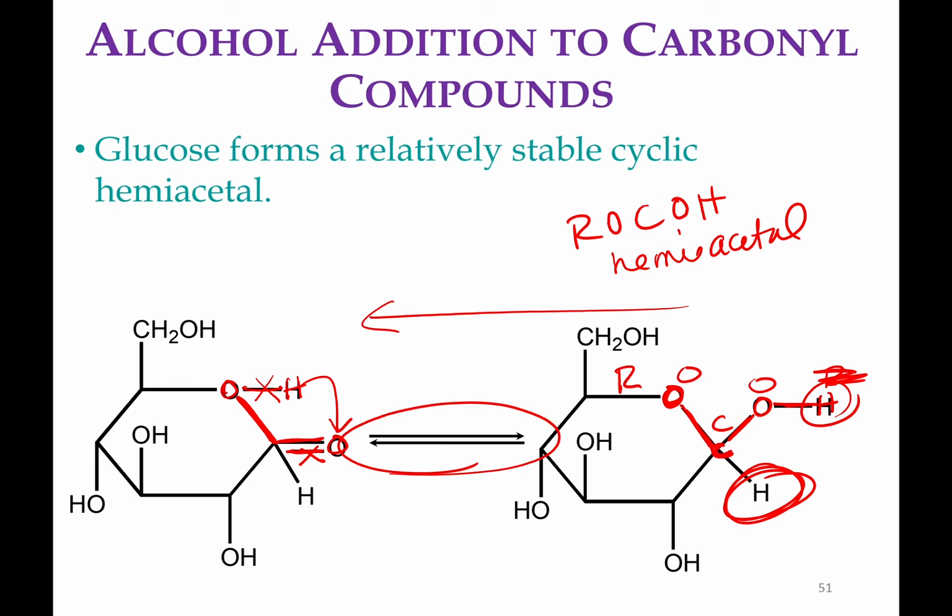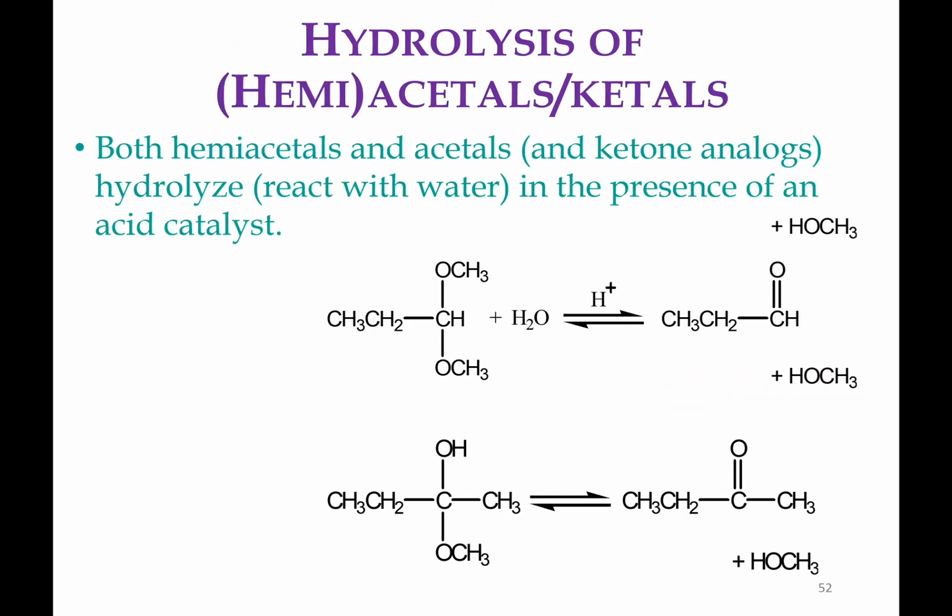So let's talk about what's called hydrolysis of acetals or ketals. So in the presence of an acid, they can go forward or backward. So what will happen is we'll see this go this direction and break it down instead of going to the forward reaction. So we'll see it reverse back on itself.